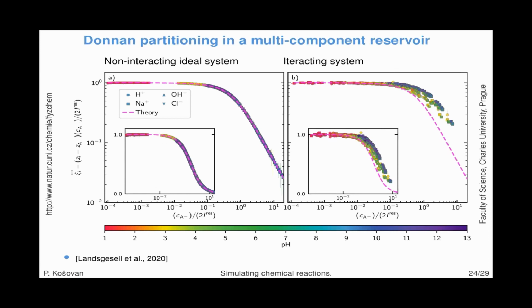Only later we decided to test this simulation by simulating the ideal system, and it turned out that we also observed a similar kind of deviations, but in this case we know that the Donnan partitioning is an exact result for an ideal system, and if we were not doing anything wrong, we should obtain this exact result from our simulations.